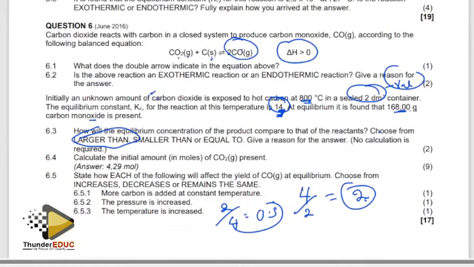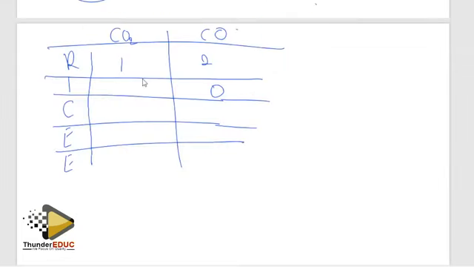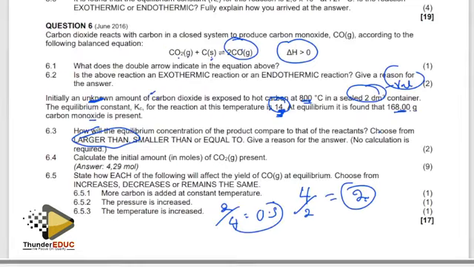What about carbon dioxide? Did they tell us the initial? Unknown. They said an unknown amount of carbon dioxide. So since it's unknown, let me call it X. I like to use X, or you can use Y, whatever. Now you see, they did hide the initial mole. That's the first instance. So if it is hidden, then now look at this.